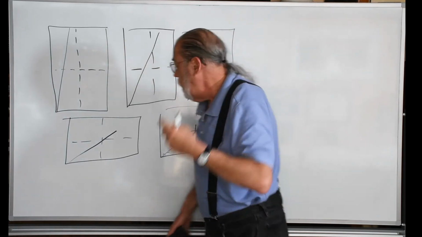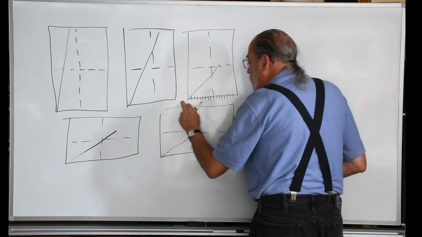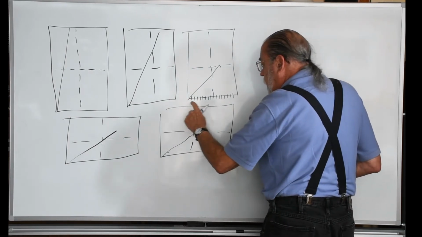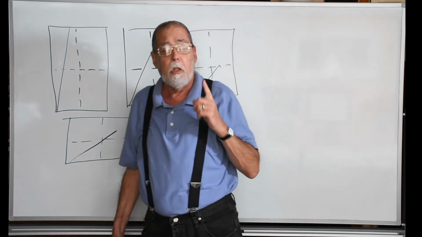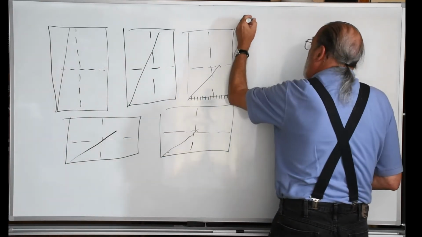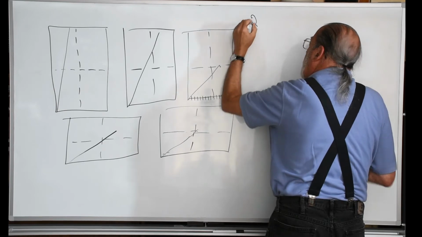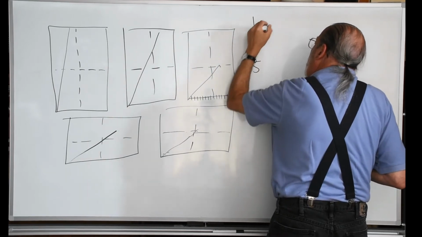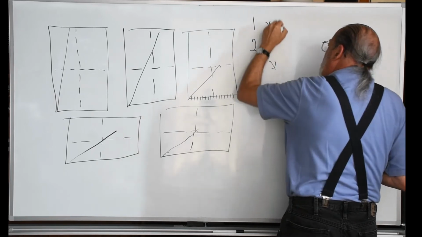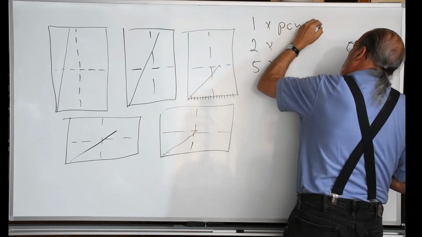So generally, what I like to tell folks is that the increments in each little box should be 1, 2, or 5 times a power of 10.